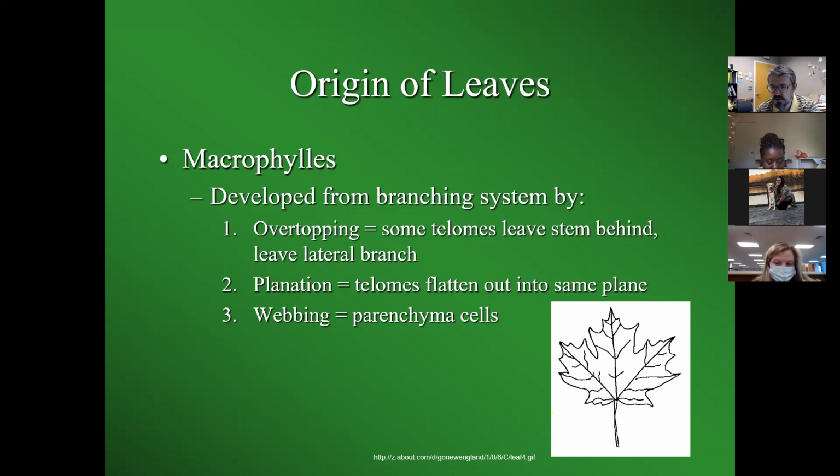So those are two origin theories that people have tried to figure out, like how leaves developed. And it's possible that both of these are true. The enation theory is probably what developed a microphyll, and then maybe this is what developed a macrophyll. And it looks like macrophyll probably was the better bet for most species.